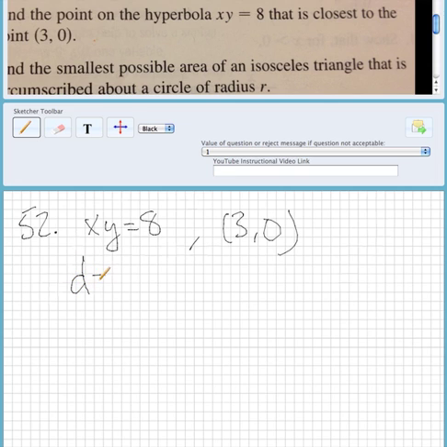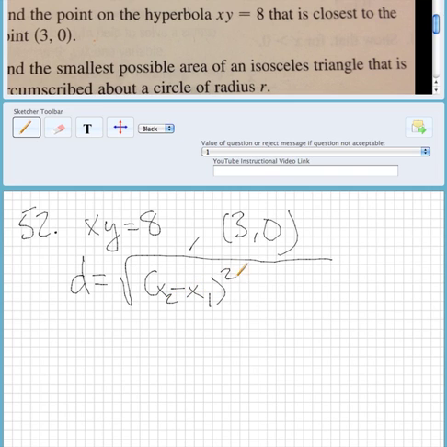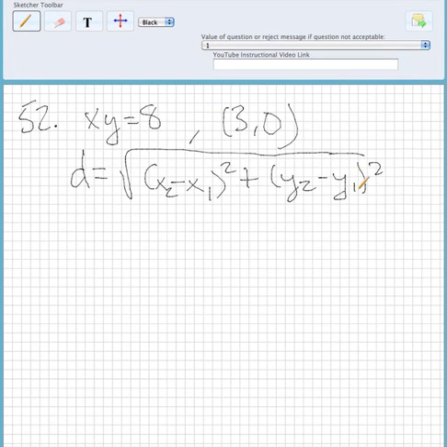The distance formula is going to be the square root of (x2 minus x1) squared plus (y2 minus y1) squared. So it's going to be the distance between two points, a point on this hyperbola and this point right here.